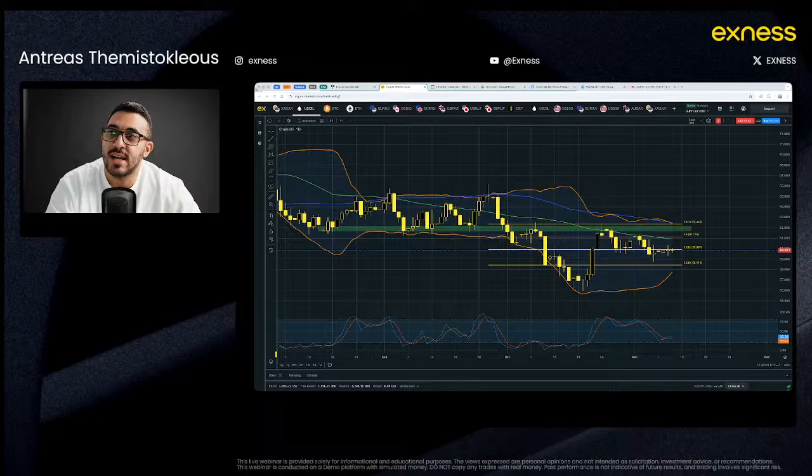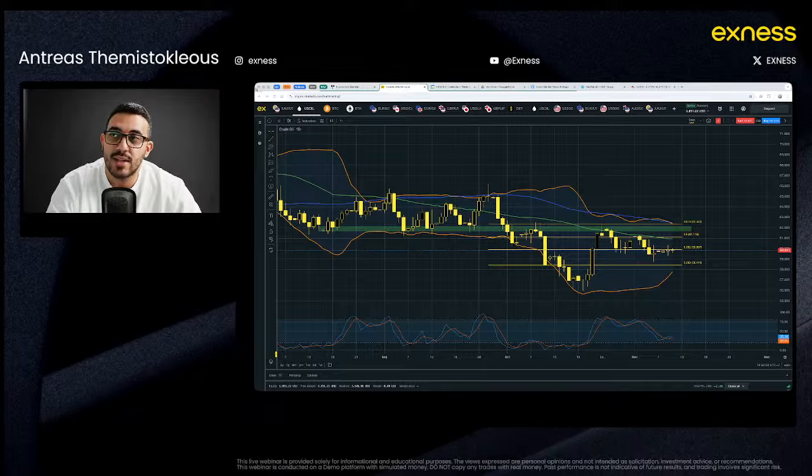4,250 is the area around here, right? It's where the price found sufficient support after it corrected from the all-time high. What I mean by that is that it reached the all-time high and then it corrected exactly to 4,250.